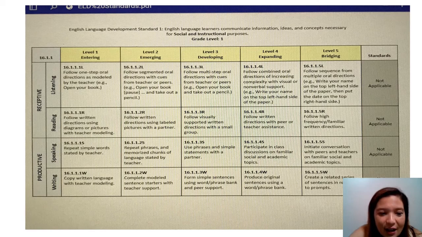And then if you look over here, it's called productive, and this is what the student can use or produce. So the student, for example, let's say you have a level 2 emerging and we're looking at the speaking, they can repeat phrases and memorize chunks of language stated by the teacher. So that gives you kind of like where they are at in their English language proficiency.